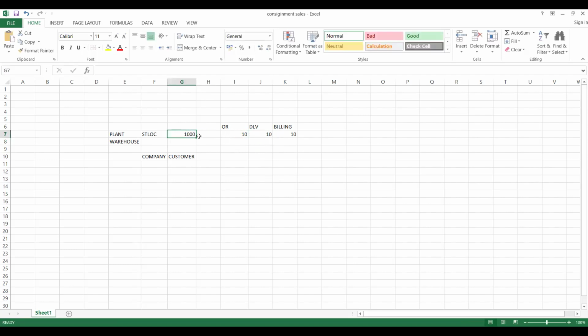Let me put the balance here as a warehouse or plant, it doesn't make any difference. If it is consumed, PGI done, it reduces the stock to 990.